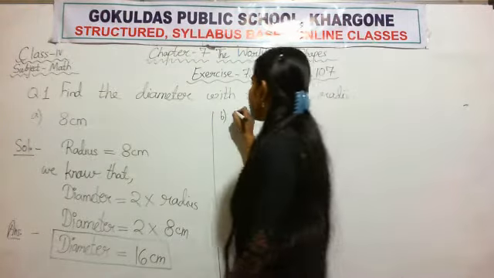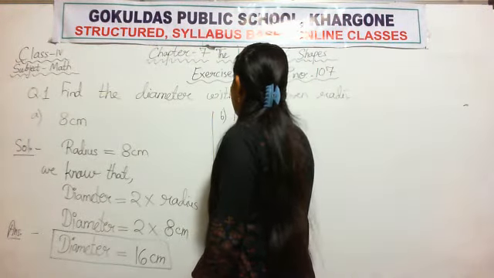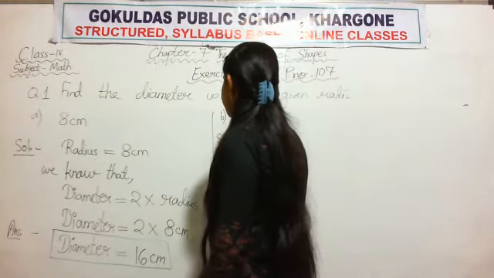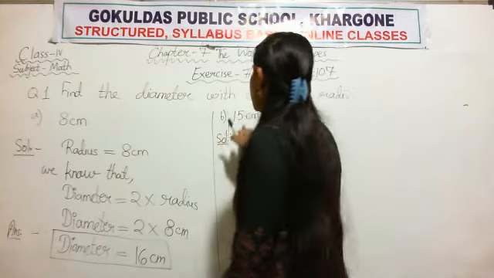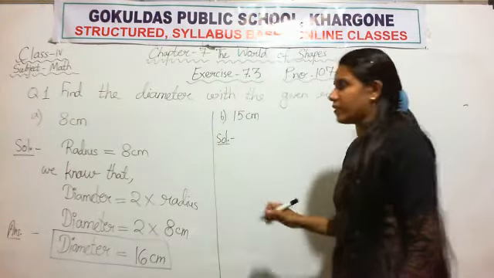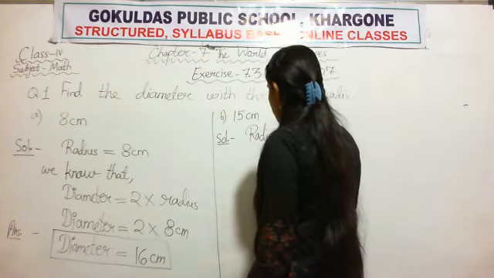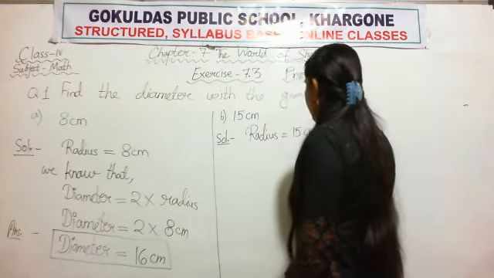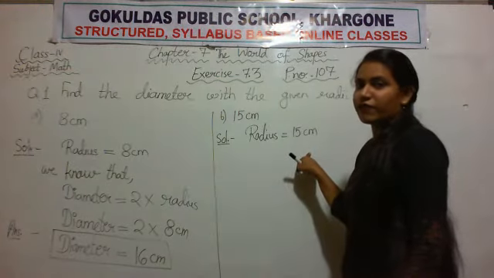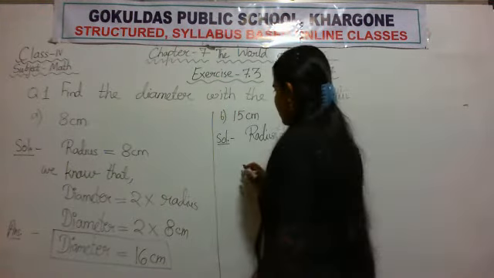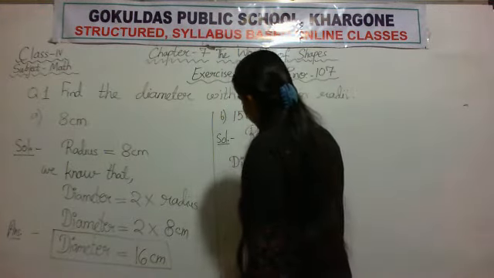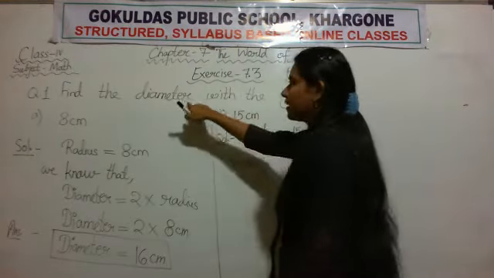The given radius is 15 centimeter. What is given? Radius is given. Radius is equal to 15 centimeter. Now we are finding diameter.